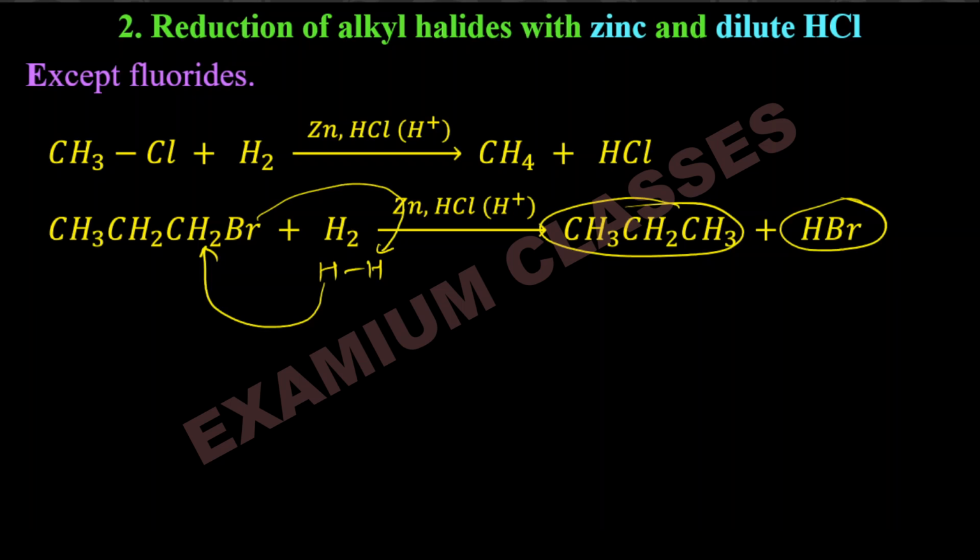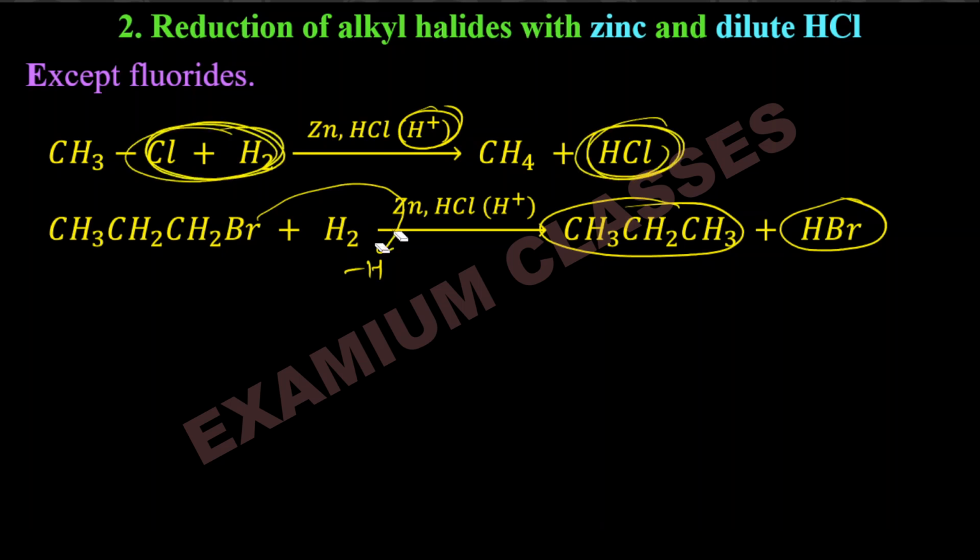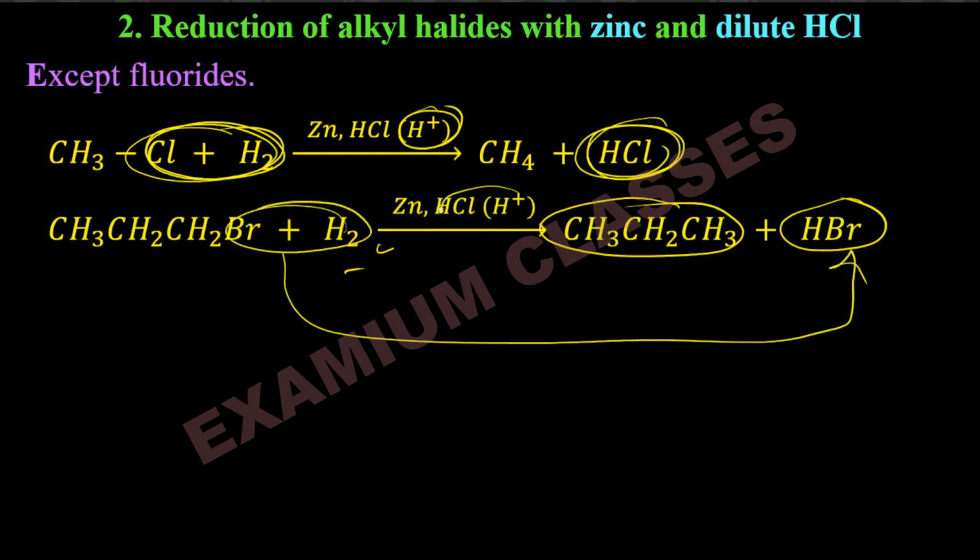So you need to be very clear that in this case basically HCl is being used just to provide H plus. Okay, this HCl we are getting from here, similar to this one, this HBr we are getting here. This HCl just provides the H plus.